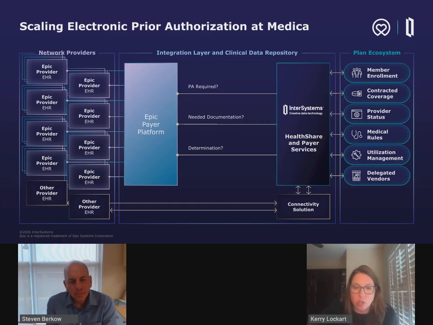So this bottom line where Stephen called out before, where it says other provider EHRs and connectivity solution, means that this system is incredibly scalable. So you can continue to connect to new EHRs, new HIEs, new accountable care organizations. You can continue to grow out your data, your internal data asset, and who you're bidirectionally sharing information with.